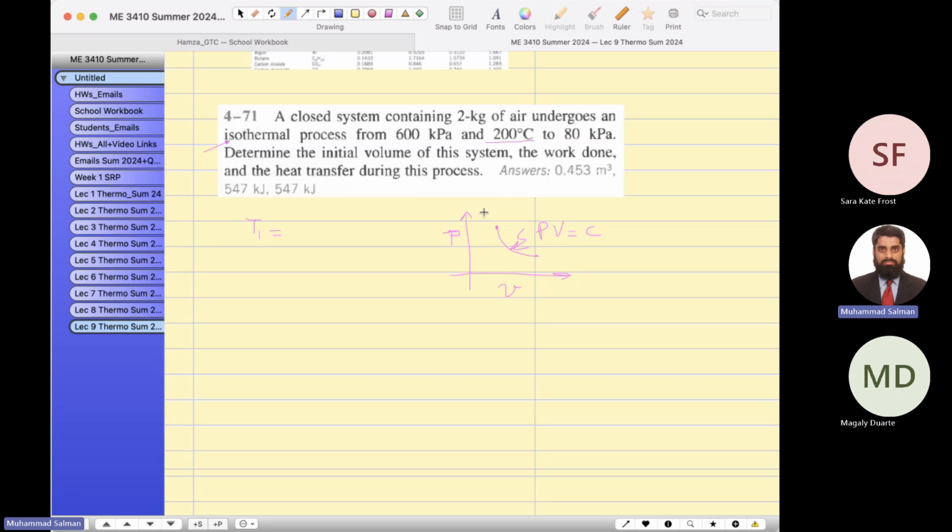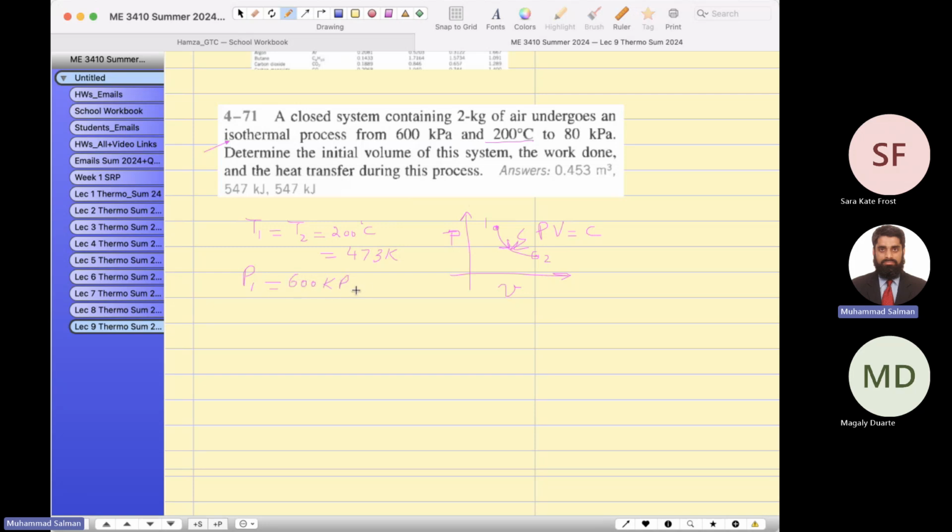The system undergoes an isothermal process from 600 to 80 kilopascals, so it's an expansion process, 1 to 2. The initial and final temperatures are the same: 200 Celsius, or 473 Kelvin.